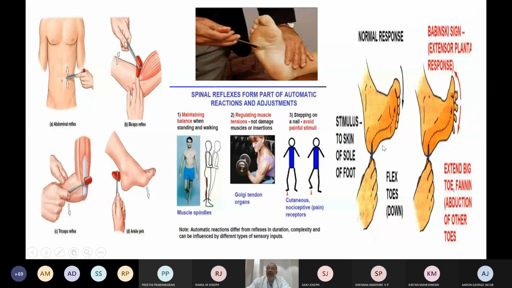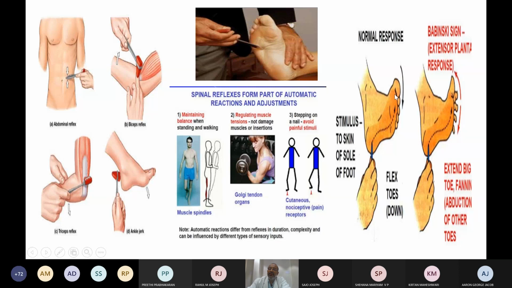So this is another important entity, that is plantar reflex. Very important, plantar reflex. How are we going to apply the stroke? You apply the stroke on the lateral part from the highest point of the heel along the lateral border with a blunt object, moving up to the base of the little toe, taking a medial turn, moving up to the base of the great toe.